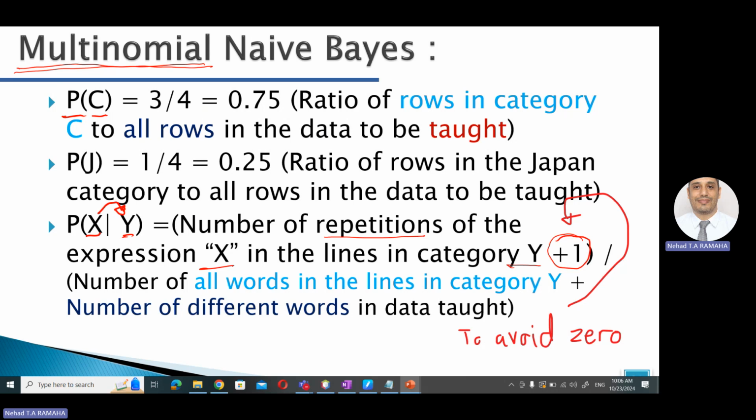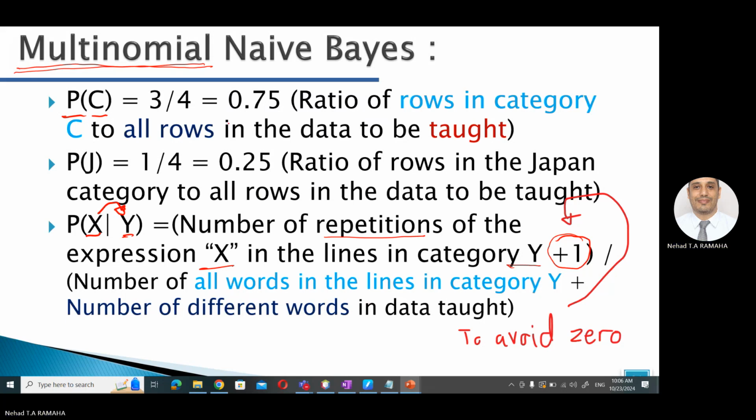So if one word appears 0 times in the document, this means when we multiply it by other probabilities, the whole result will be 0, and we don't need a probability of 0 for a specific category, because this means we remove the whole category.